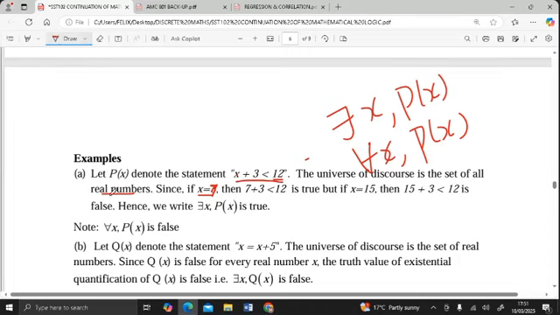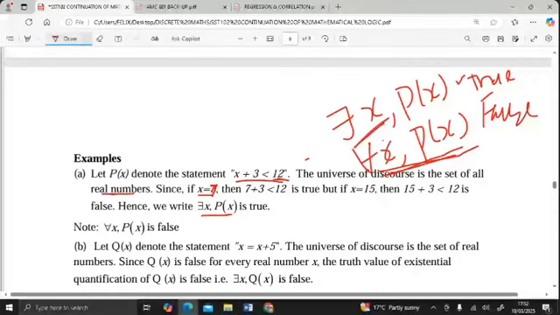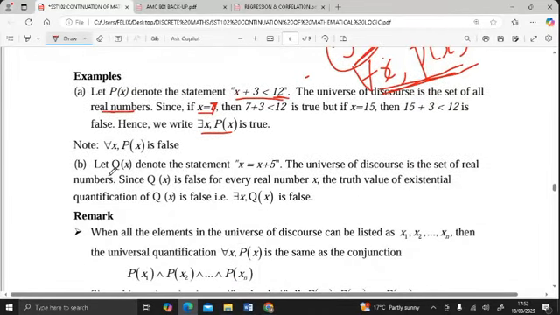And by the way, in this case, you could be asked to determine the truth value of this. Suppose you are given this to represent P(x), with the universe of discourse being the set of real numbers, and you are asked about the existential statement and also about the universal statement.